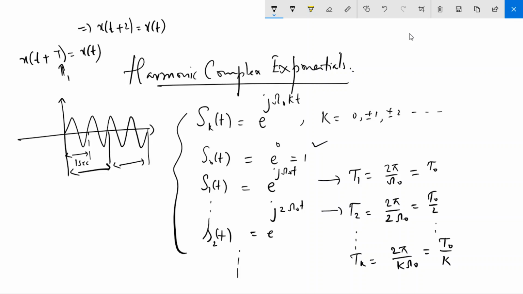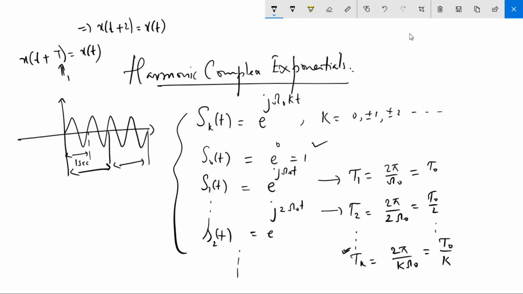So if T naught by k is the time period of the kth component, this signal will also repeat after T naught. So all these signals have different time periods, but they have a common time period, that is T naught. Every signal will repeat after T naught.